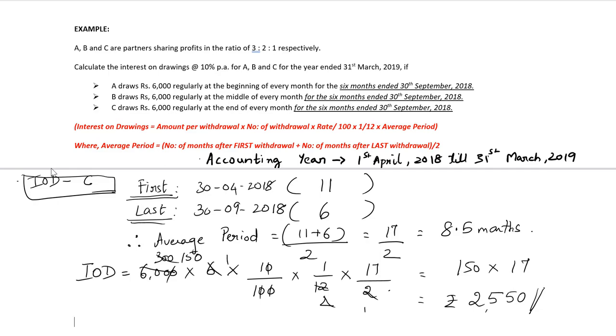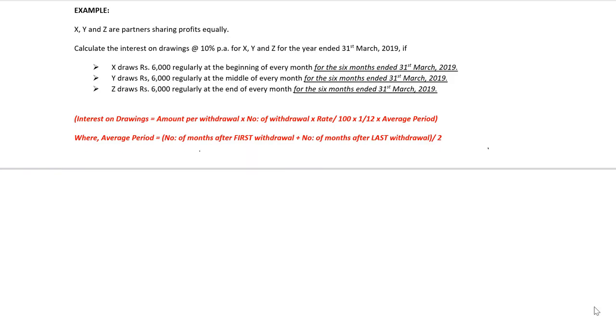So we've done an example where the drawings are made in the first 6 months of the accounting period. Now next, let's go to an example where drawings are made during the last 6 months of the accounting period. Example: X, Y and Z are partners sharing profits equally.